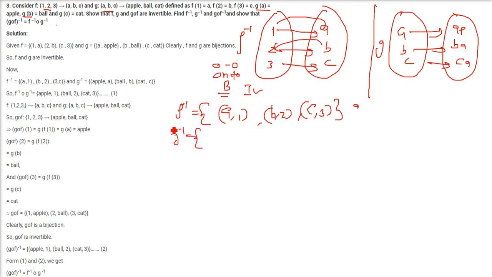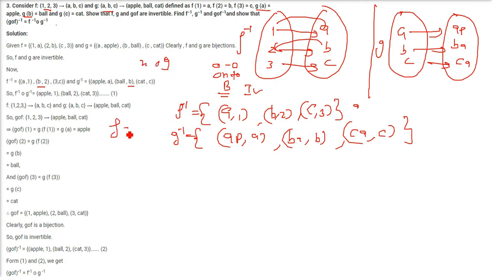Now I am just reversing the ordered pair: apple comma A, ball comma B and cat comma C. This is your g inverse. So this is f inverse and g inverse. Now we'll do f inverse operation g inverse. Just remember that whenever we do some f operation g, we always see that the range of g should be a subset of domain of f.